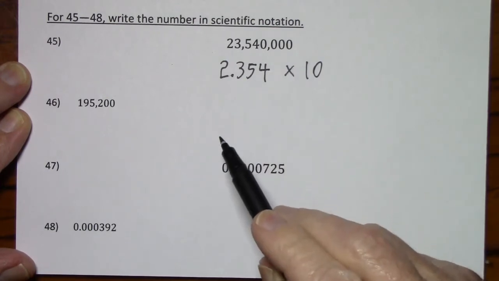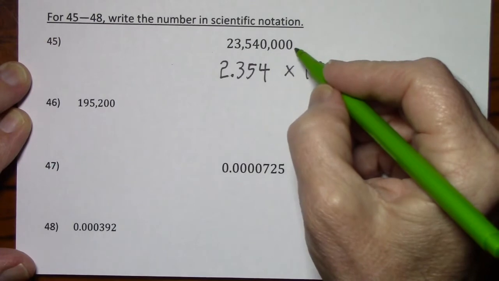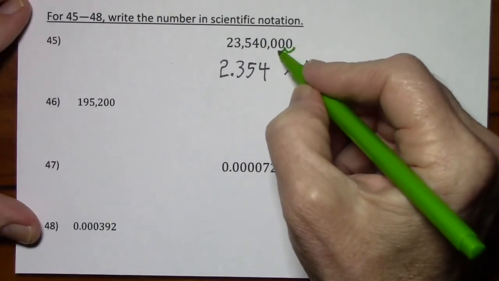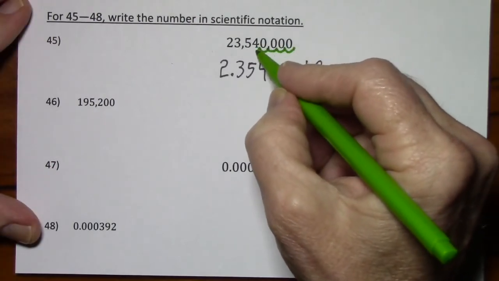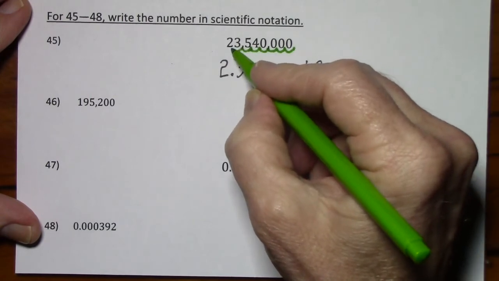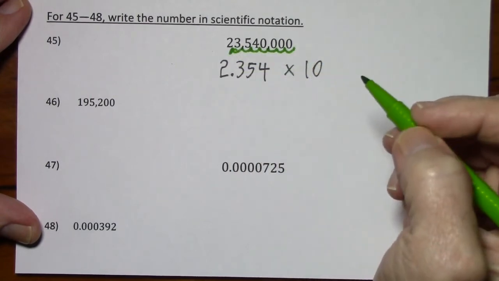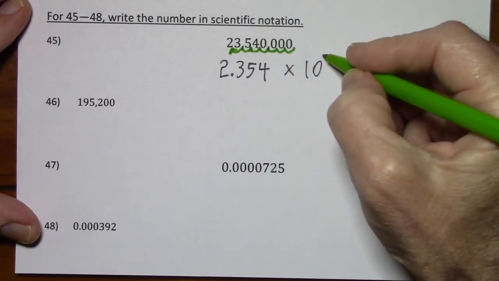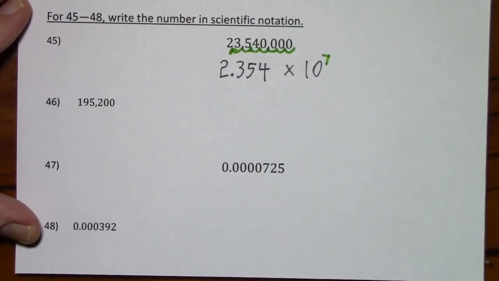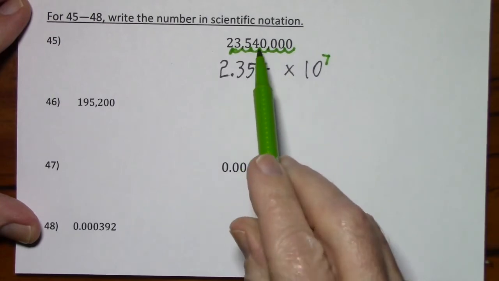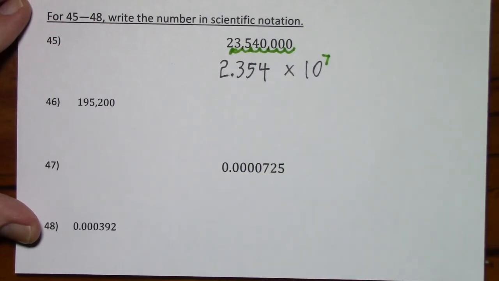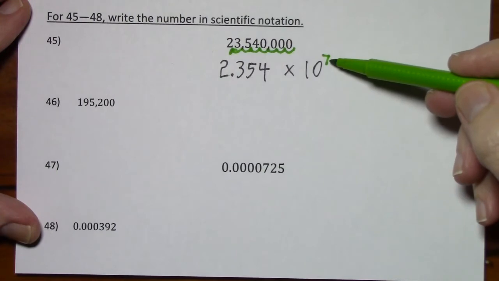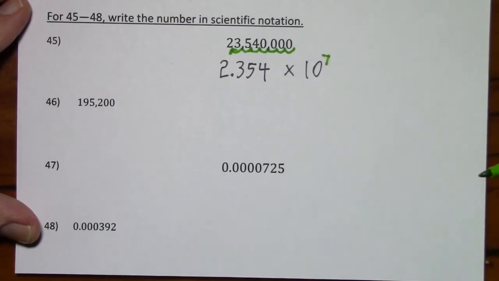Well, what did I do? I moved the decimal from here 1, 2, 3, 4, 5, 6, 7 places. I have to tell a person that they need to move it back 7 places if they want to get from here to the original number. So again, it's a positive exponent. We're talking about a big number.